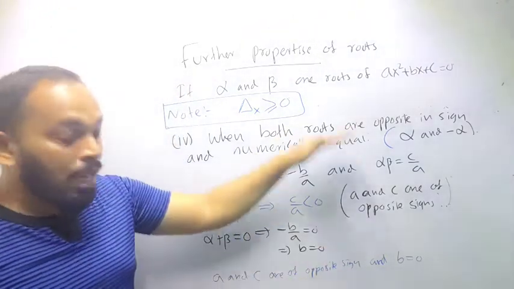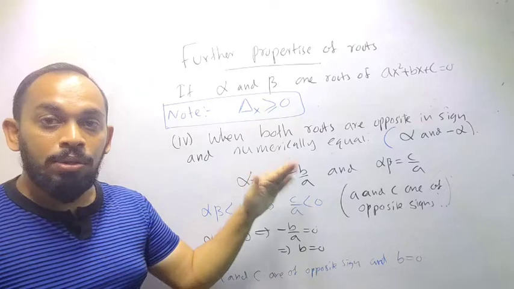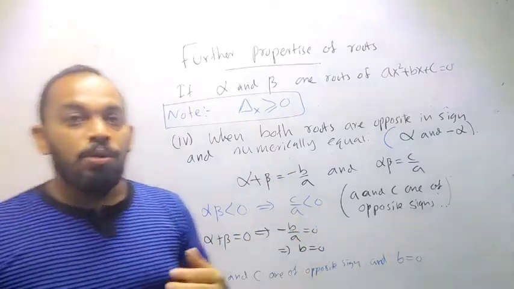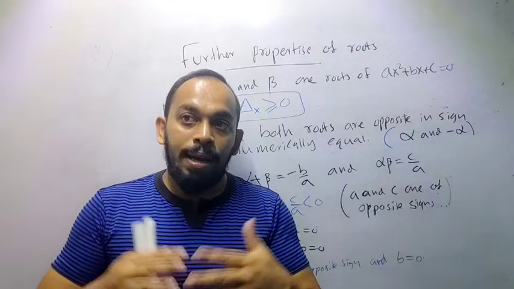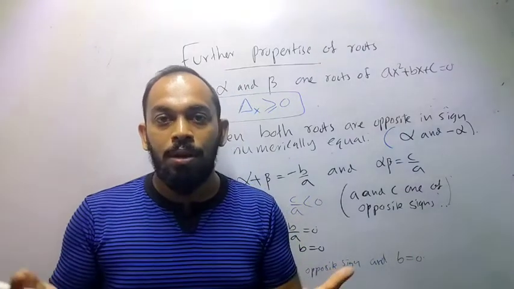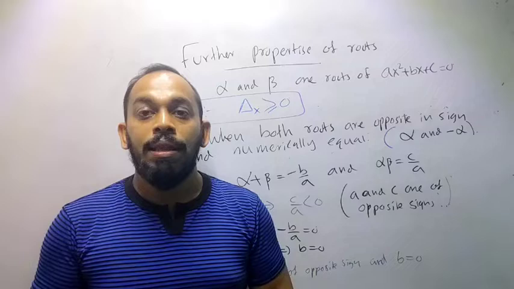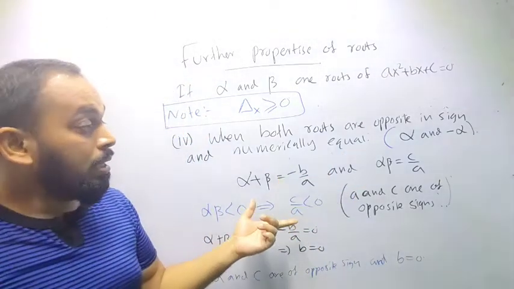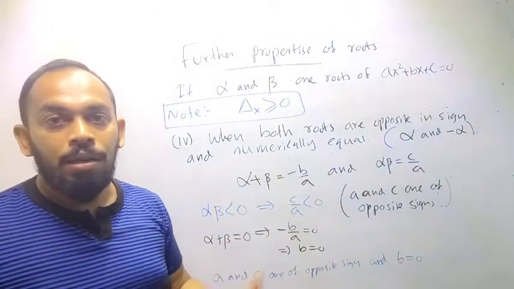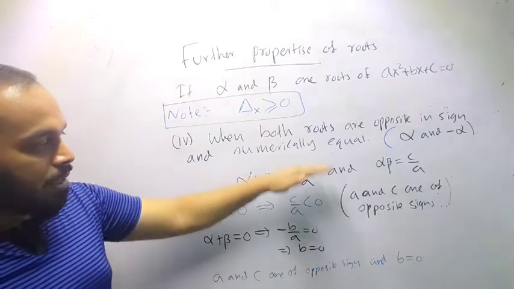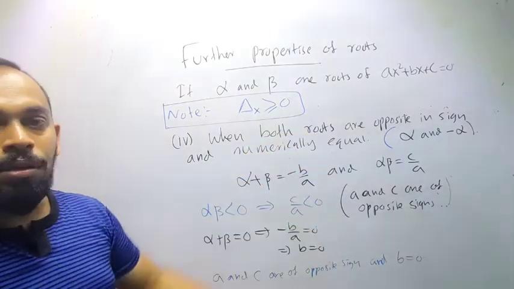But you have to know the logic, how the logic was formed, because there can be questions maybe in the future, or maybe in the past, where they have asked you to derive the logic for these cases. So it's better that you know how the logic works.